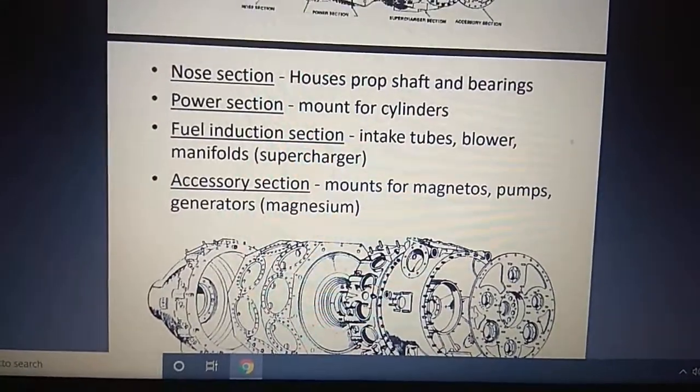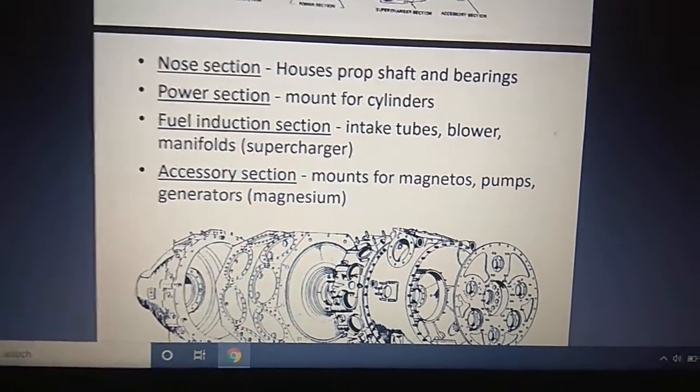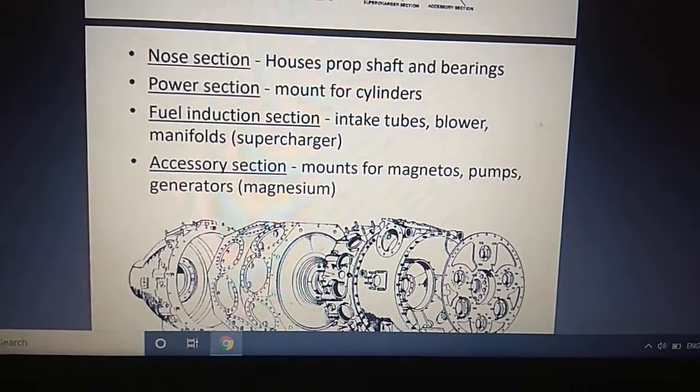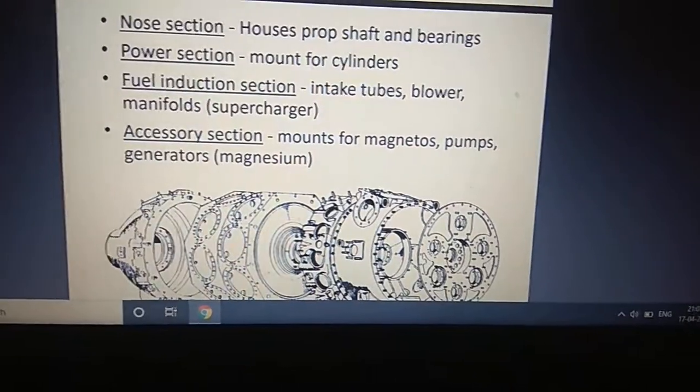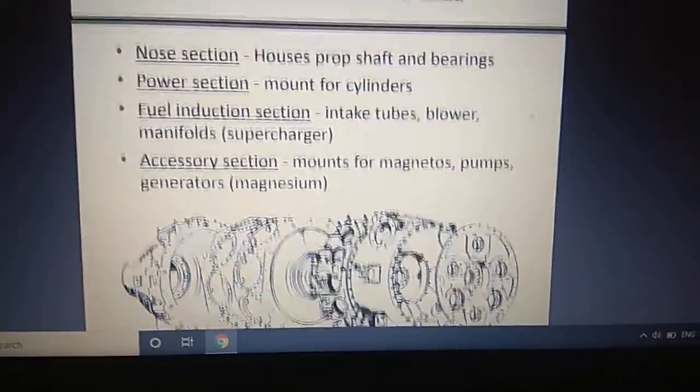The nose section houses the propeller shaft and bearing. The power section is used to mount the cylinders. The supercharging section includes the fuel injection system, consisting of intake tubes, blowers and manifold. The accessory section consists of mounts for magnetos, pumps and generators.